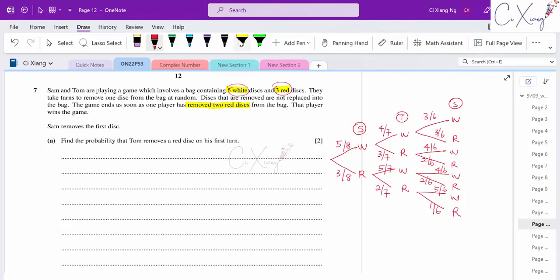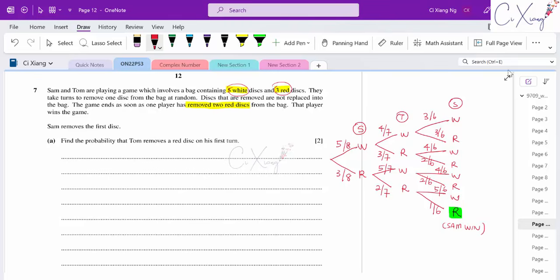Please take note that in this case, at this stage, it actually means that Sam wins, because the rules of the game mention that if any player gets 2 red discs already, then he will be the winner. So Sam will be the winner if he gets the red at the second turn, or the third disc removed.